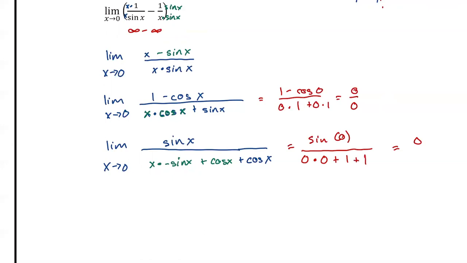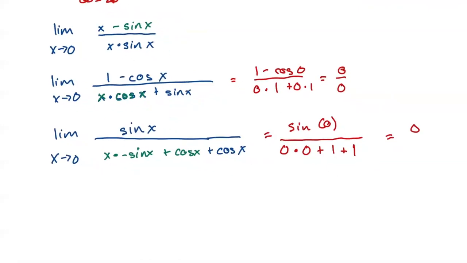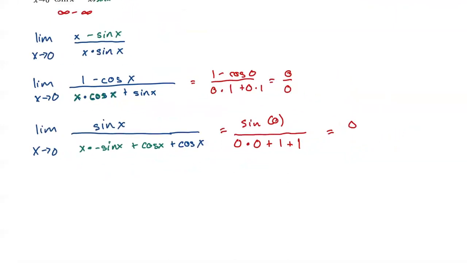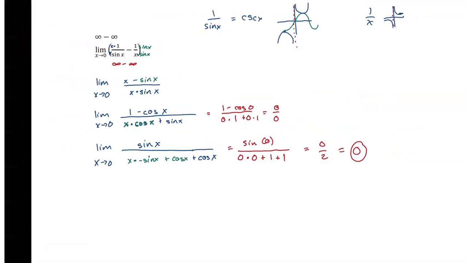And again, I would encourage you just to think through this. Cosine of 0 is 1. So that's where these come from. And of course, this disappears because of the 0. So you have 0 over 2, which is 0. So again, that's just an illustration of an example where you could go ahead and combine fractions in order to create a function you could apply L'Hopital's rule with.